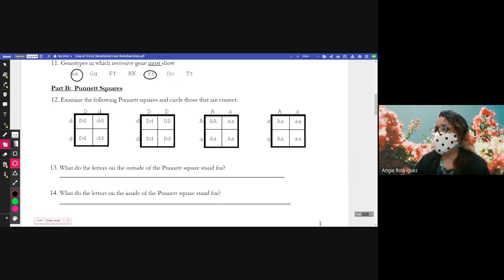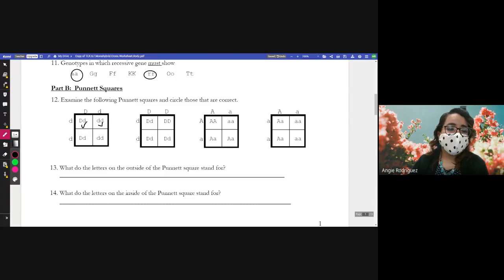So big D, little d, little d. This one is correct. So hold on, let me put a little check mark here. Okay. So this one is correct. I'm gonna put a little check mark right here. Check. This one, little d, little d. So that one's also correct.